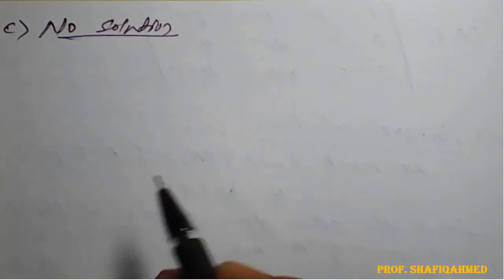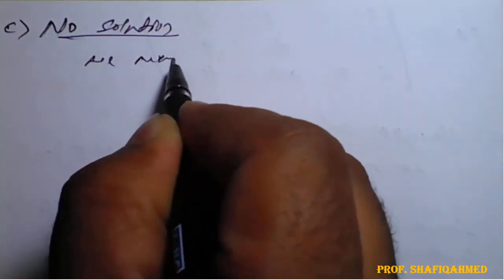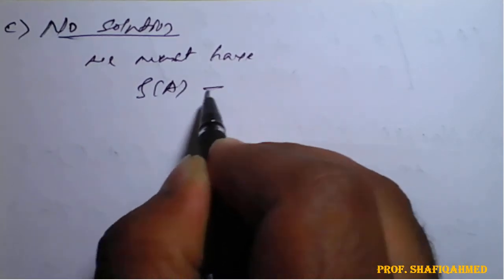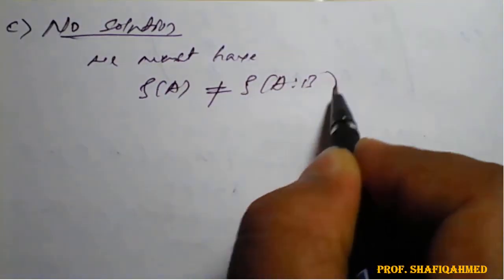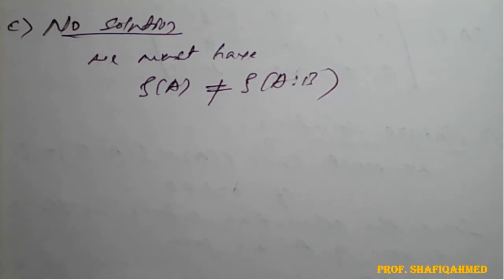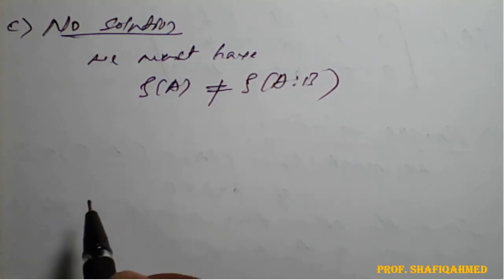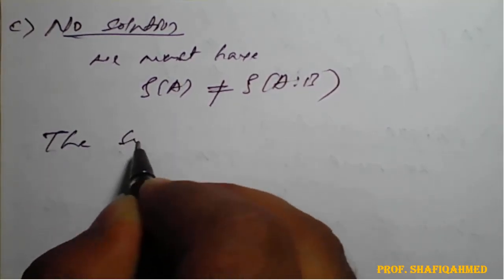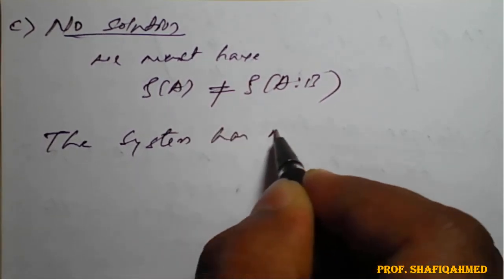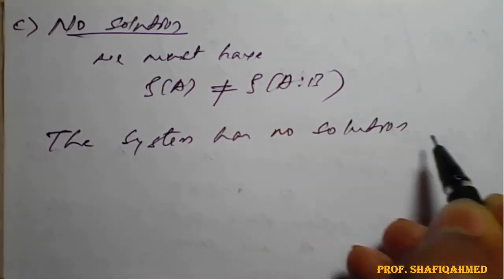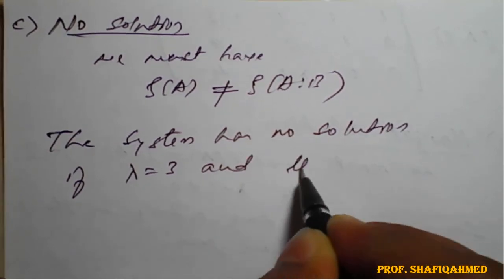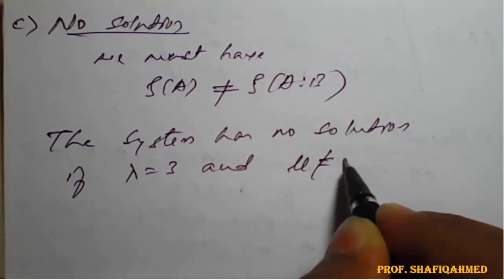For no solution we must have the rank of A not equal to the rank of [A|B]. So I can say that the system has no solution if lambda is equal to 3 and mu is not equal to 10.